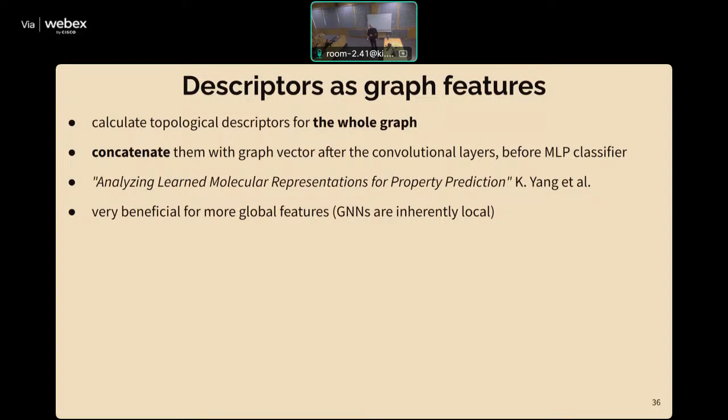This is very beneficial, especially if you use more global topological features, because graph neural networks, due to message passing, which is very local, as you pass messages between the neighbors, actually have a problem with learning long-range representations, long-range features. This is quite problematic in chemistry, where we have large substructures, and they are pretty important, like functional groups. So this is very, very useful in those cases, if you choose those descriptors well.